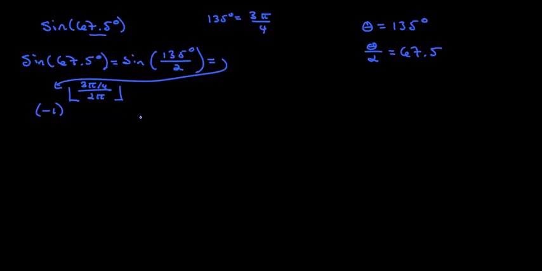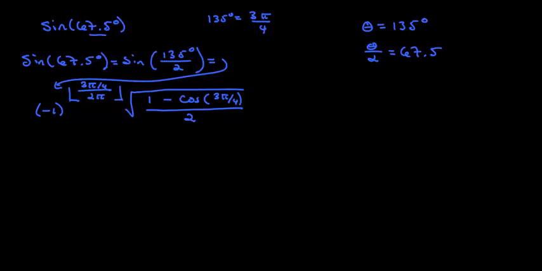That's going to be that floor function. Then we're going to multiply that by the square root of 1 minus the cosine of the angle, which is 135, or 3 pi over 4. And we'll divide that by 2.